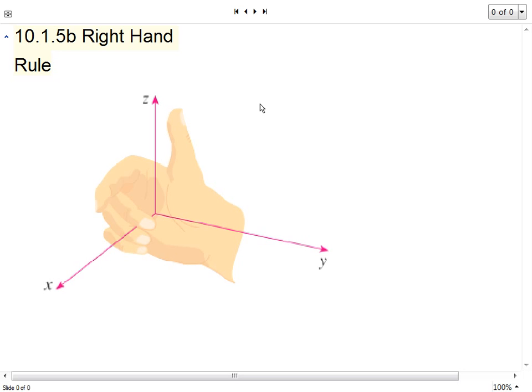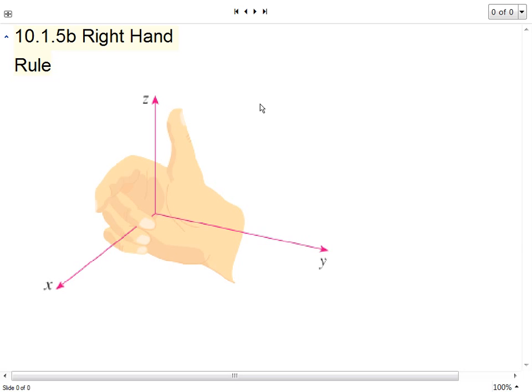When you curl your fingers, it should curl towards the positive y direction. And your thumb should point in the positive z direction. That's the right-hand rule. Positive x curls to positive y, and positive z straight up.